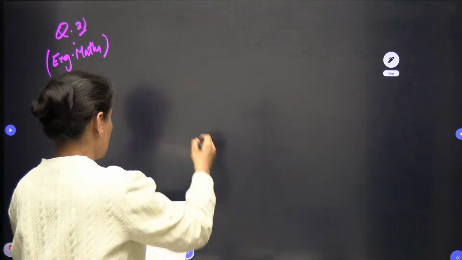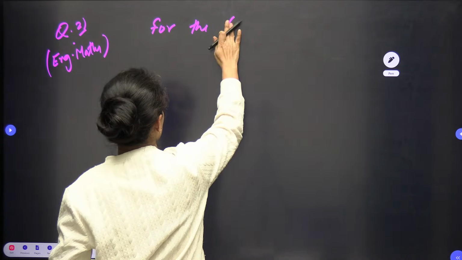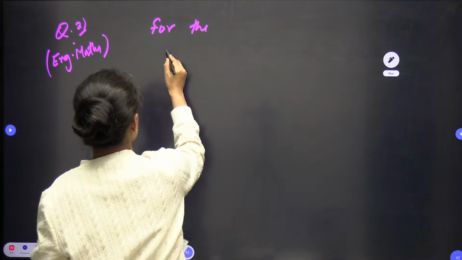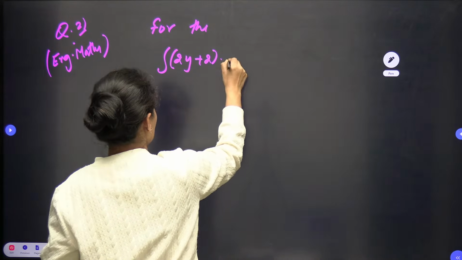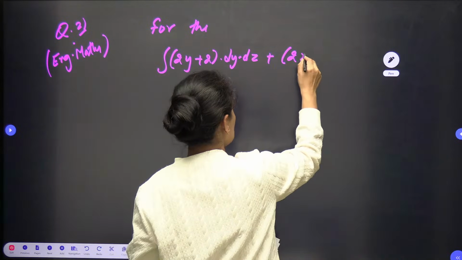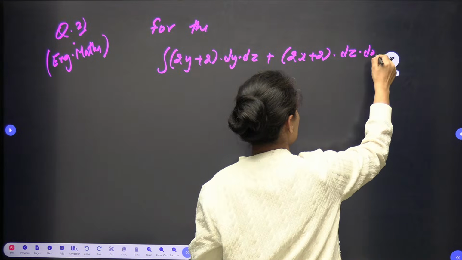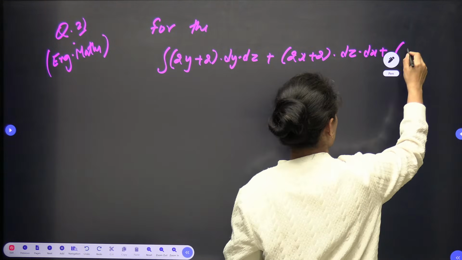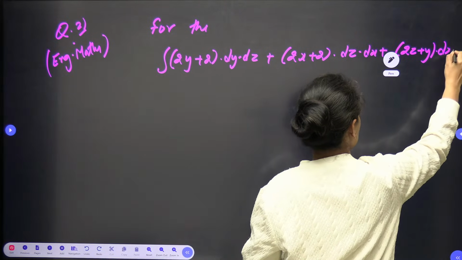Okay, this question is for the given function: 2y plus 2 dy dz plus 2x plus 2 dz dx, or plus, it's mentioned in the Cartesian form, 2z plus y dx dy.